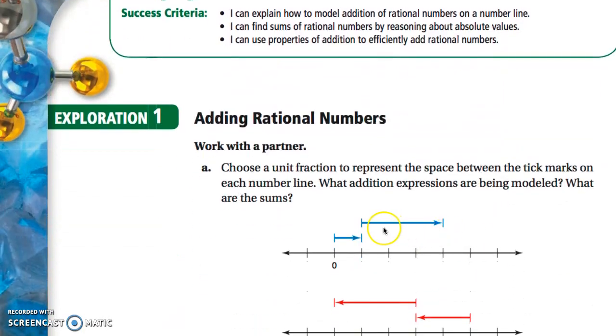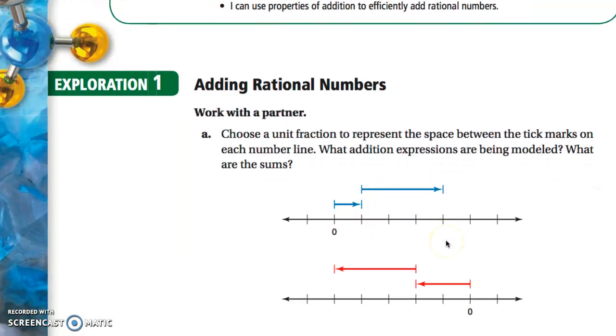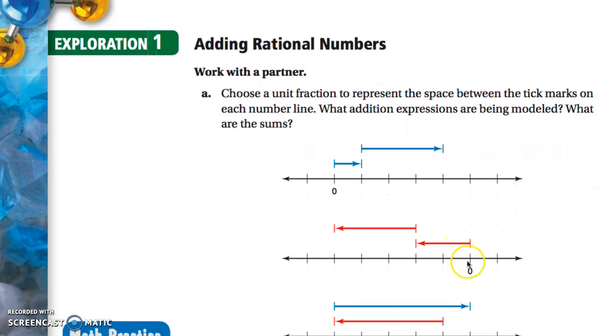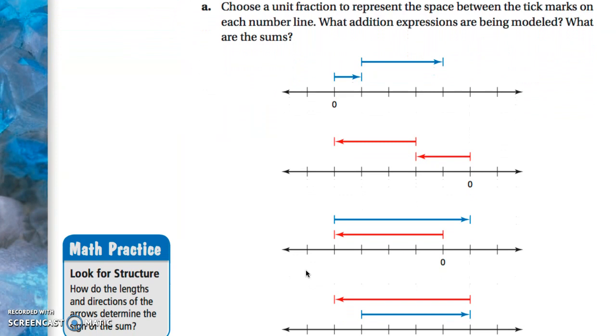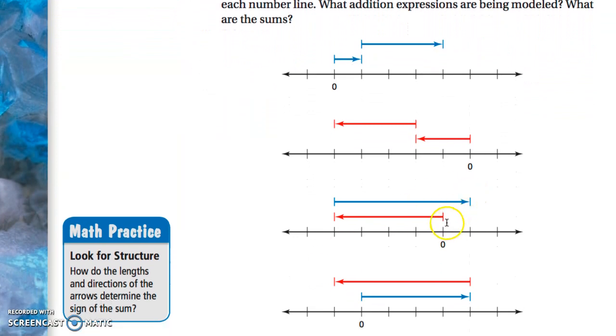So today, when we were talking about the number line, for instance, over here, this is just one fraction that we're adding that's heading positive to another fraction. If we look at the red, we are going negative from 0. So you have how many tick marks going negative. Now, for this example, they're showing you that some can be going negative.